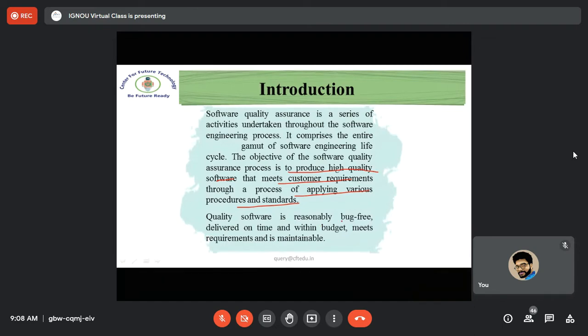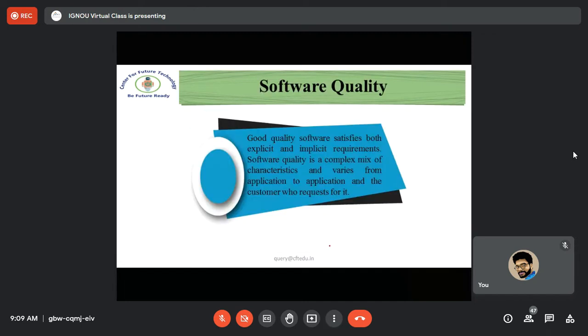If I develop software and it is full of bugs, if it is not delivered on time, if it is not within the customer's budget, if it is not meeting the requirement, you can't say that it is quality software. Apart from this, we always look for software which is easily maintainable. These are the aspects we have to take care of while maintaining the quality of the software.